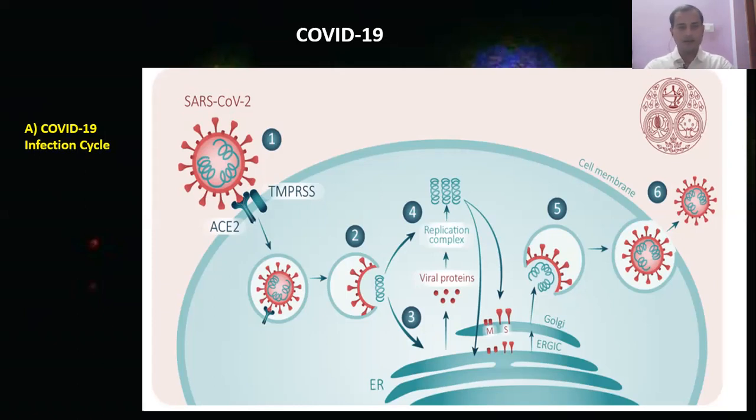Most of you must have heard about its life cycle: it goes through its receptor like ACE2, which is the angiotensin receptor, or TMPRSS2. TMPRSS2 is an androgen-driven gene and protein. The virus enters the cell, propagates, then lyses the cell membrane, goes out and infects the next cell.